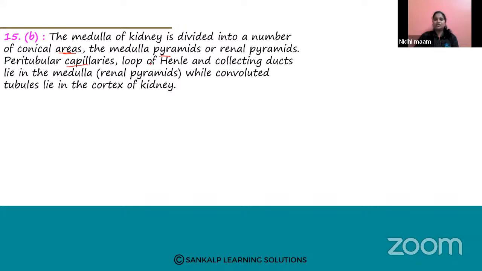Peritubular capillaries, loop of Henle, collecting ducts are all present in the renal pyramids. But the convoluted tubules are present in the cortex of the kidney. So option B, convoluted tubules, is the right answer.